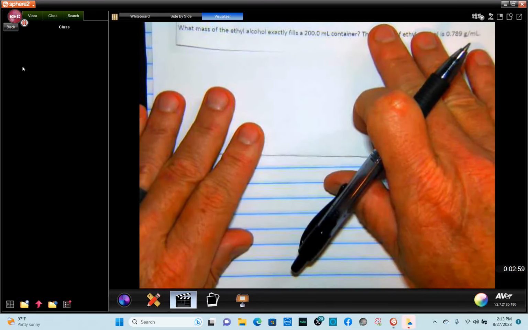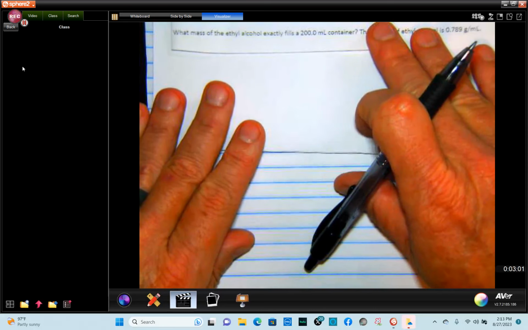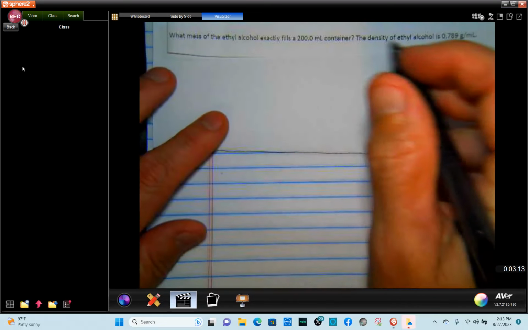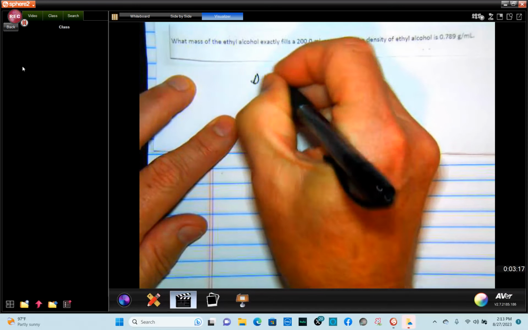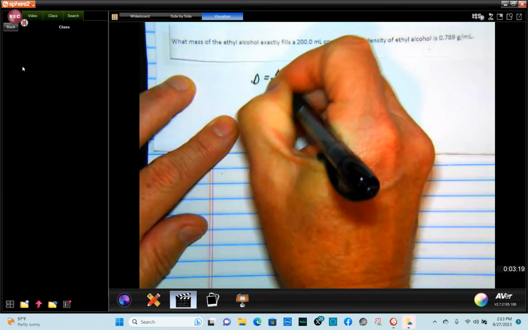And we want to know mass this time. What mass of ethyl alcohol exactly fills a 200.0 milliliter container, and the density is 0.789 grams per milliliter. So we know our formula is density equals mass divided by volume.